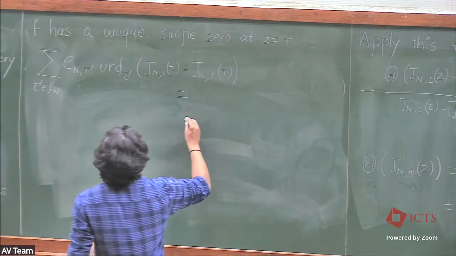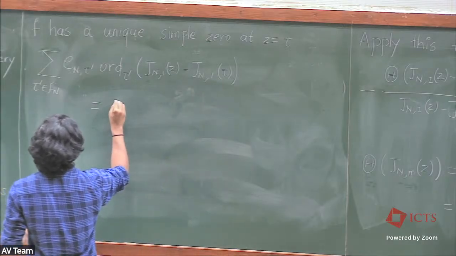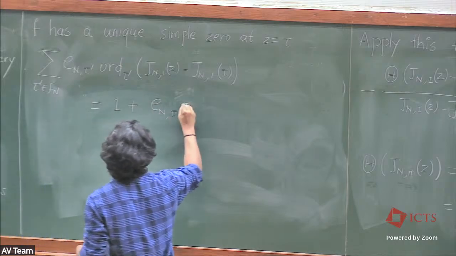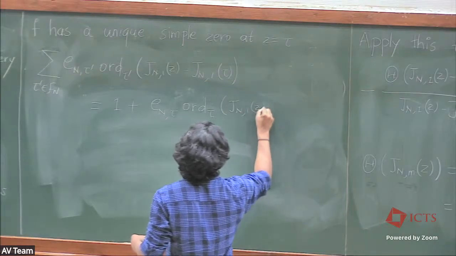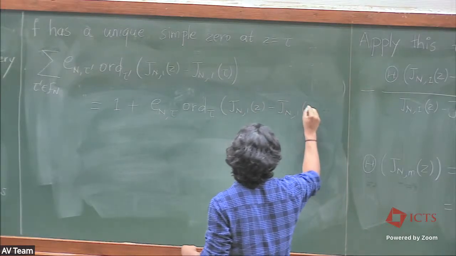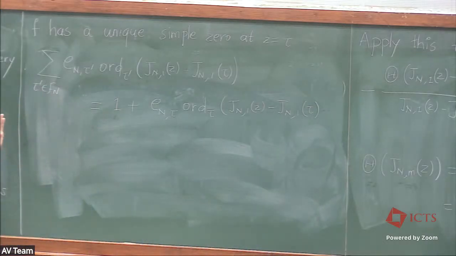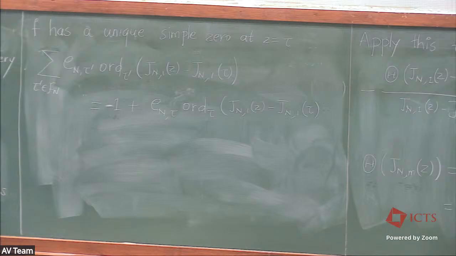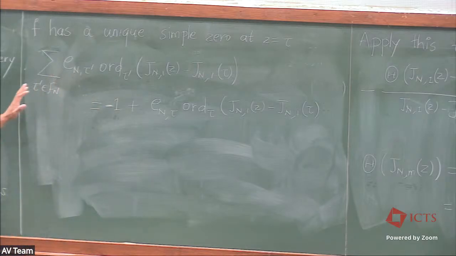And so this becomes... this one comes from I infinity because at I infinity the function has a simple pole. Sorry, this would be -1. And E n tau prime at I infinity is just 1.